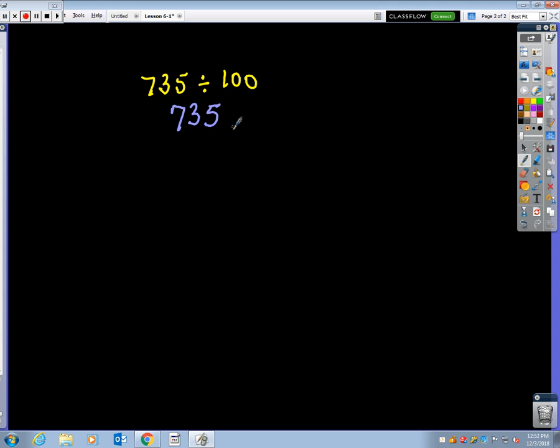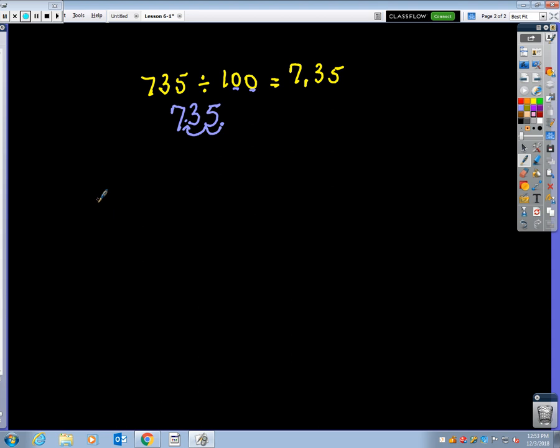And of course I know this is a whole number, so there is a decimal, and the decimal is always at the end. And now I'm dividing by 10 to the second power, so I'm going to move that decimal 2 places. One here, and I'm going to put that decimal in my answer. And then I go ahead and I rewrite my answer next to the problem. 735 divided by 100 is 7 and 35/100ths.